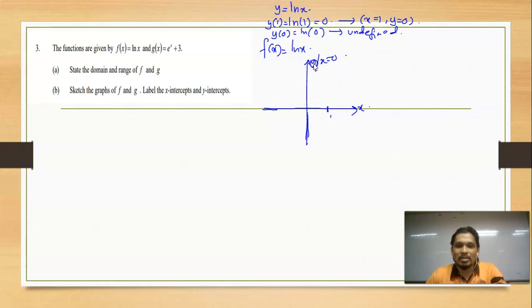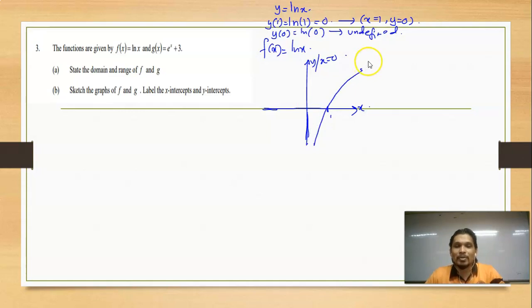The y-axis, or x equals 0, is what we call the vertical asymptote. A vertical asymptote is where the graph gets closer and closer, approaching the line, but it won't touch or intersect the line at all. So in this case, it looks something like this.